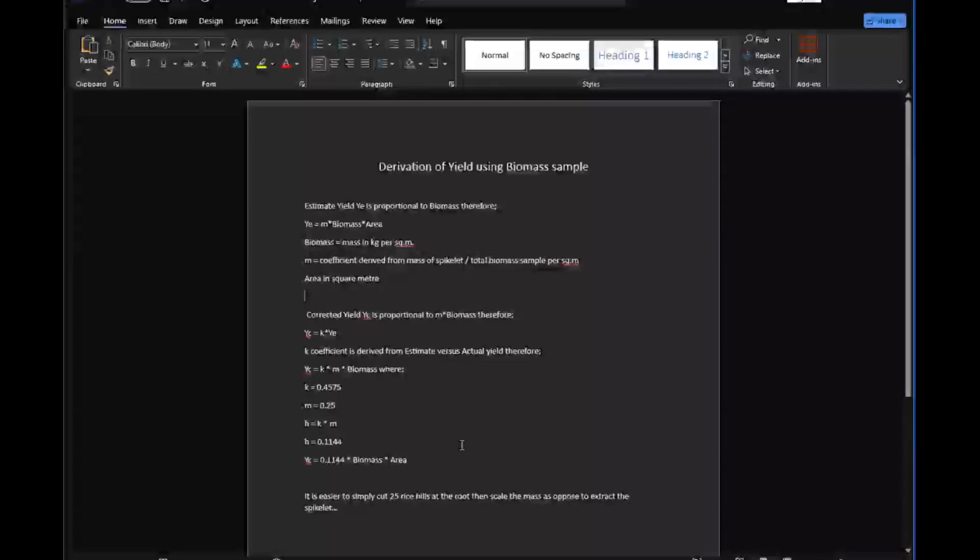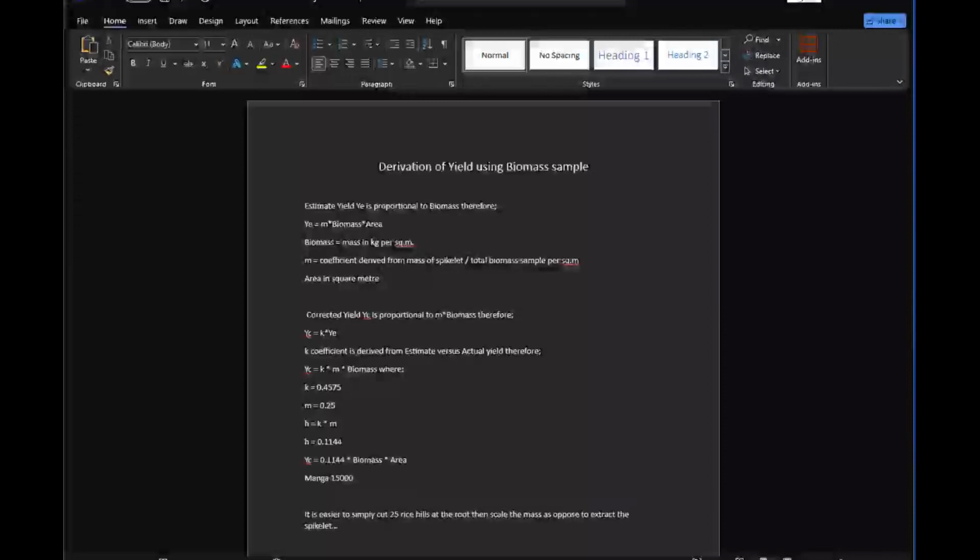When you do that, it actually makes sense. For example, let's see the mango field. Okay, mango is 15,000 square meters, and the biomass was 4 kilos.